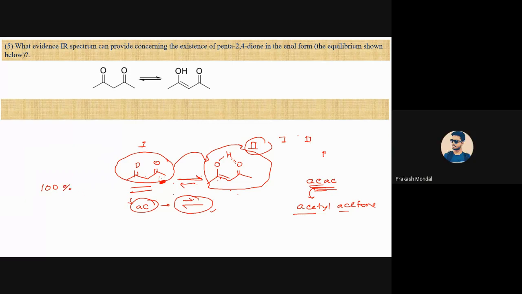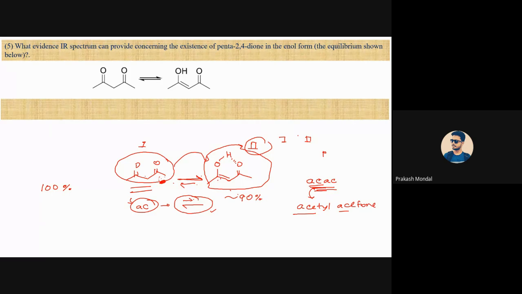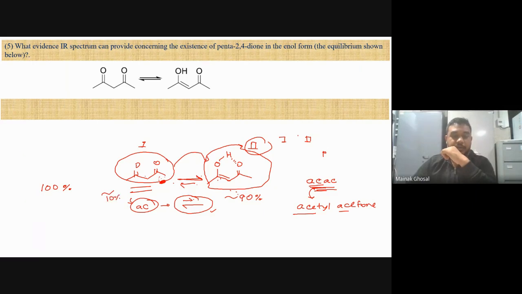No idea, sir. Generally, the enol form exists to a greater extent, but here I think the first equilibrium should be the right answer. Yes, it's almost 90%. It is almost 10% for the other, so mostly this structure will be predominant. So I am writing this structure clearly here.